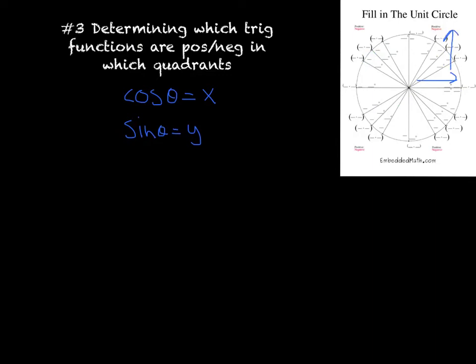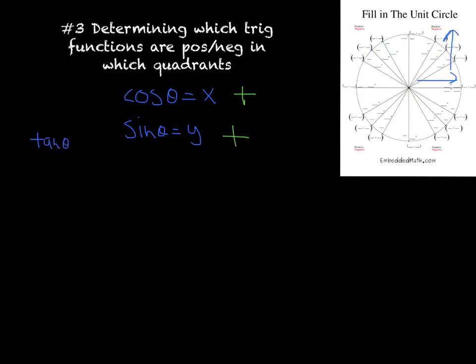Well, if you go right, you're going in a positive direction. If you go up, you're going in a positive direction. So, the sine and cosine are both going to be positive. So, plus, plus. All right. Now, what is the tangent? We've talked about that before.